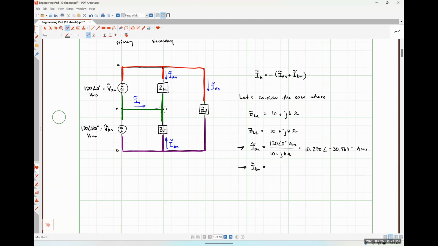Somebody else tell me what IBN is going to be. Exactly right. 120 angle 180 degrees volts RMS over 10 plus J6 ohms.